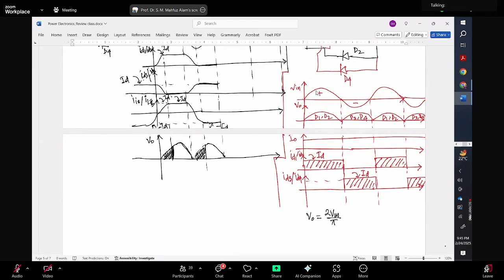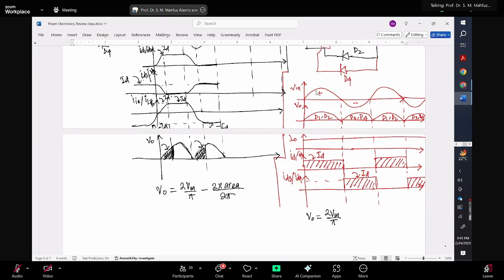So now, what would be the output voltage here? Your V naught would be twice Vm over pi, and you have two areas of equal magnitude, so minus 2 multiplied by area divided by 2 pi.